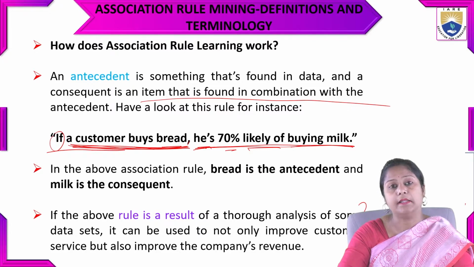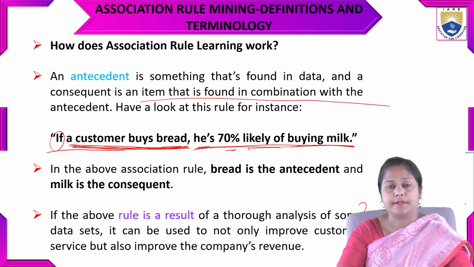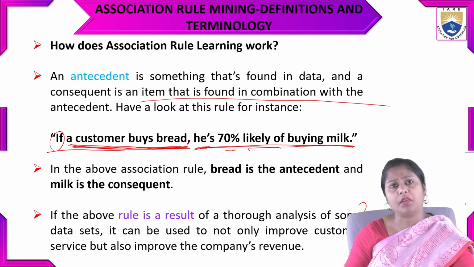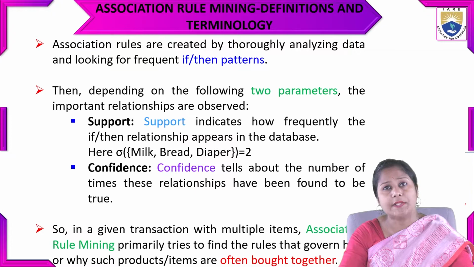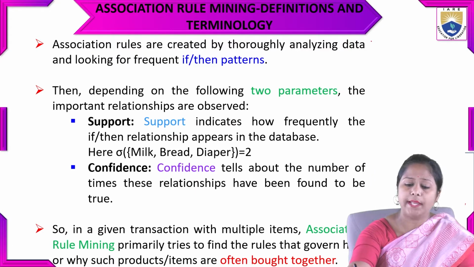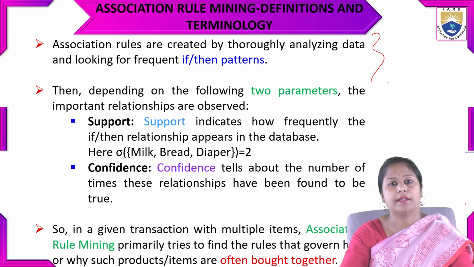Because of that, business people and business users are likely to use association rules for a better understanding of their future analysis, right? The association rules are created by thoroughly analyzing data, so the consequent part and the antecedent part came from that data analysis.